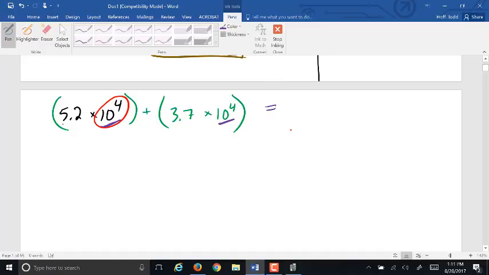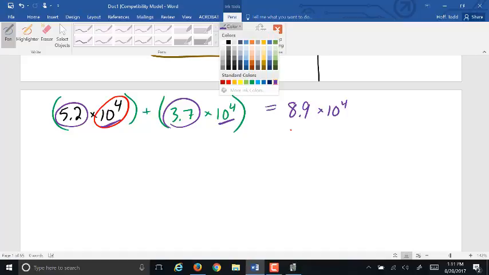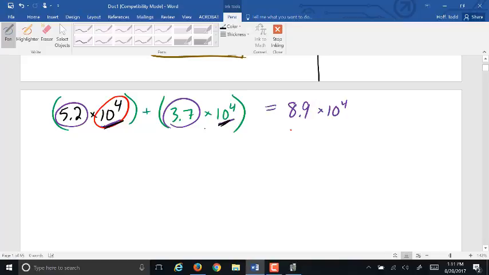And I would add the counts, 5.2 plus 3.7 is 8.9, and then keep the same name. If I had different powers of 10, just like renaming a fraction, I would have to rename those numbers in scientific notation before I could add or subtract them.